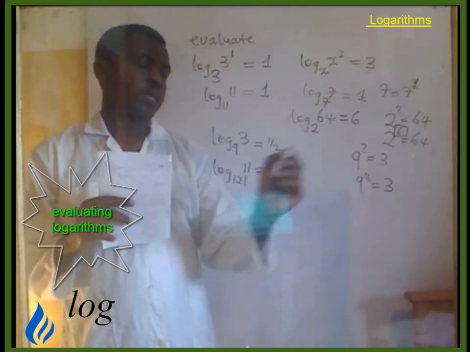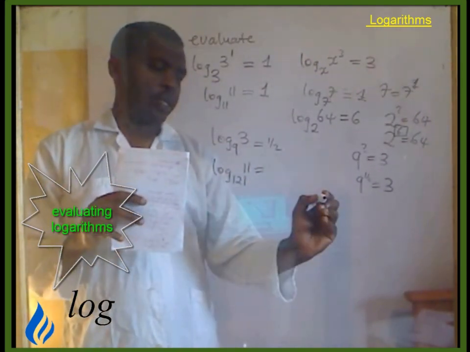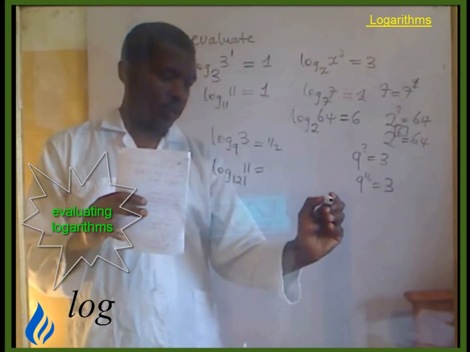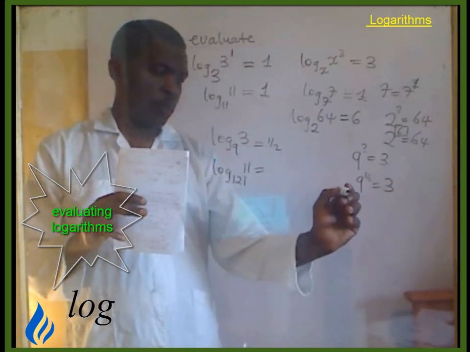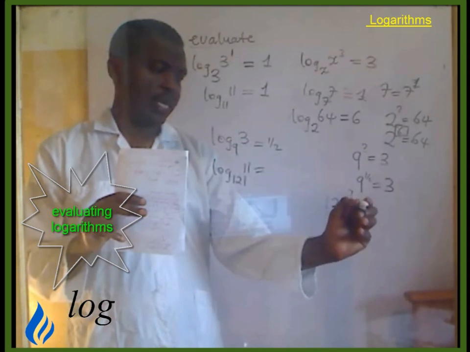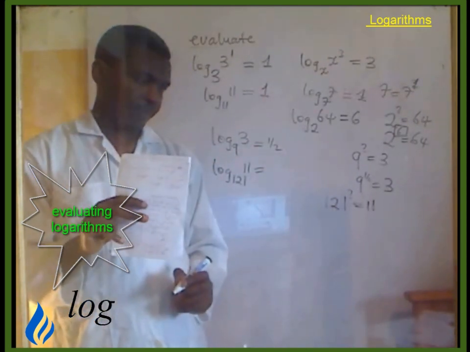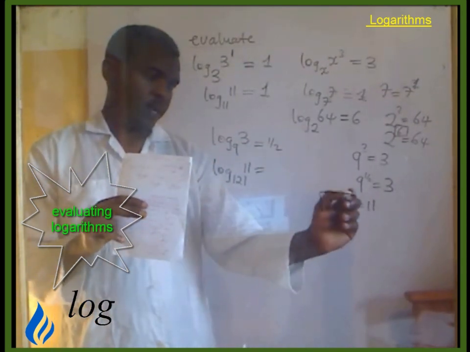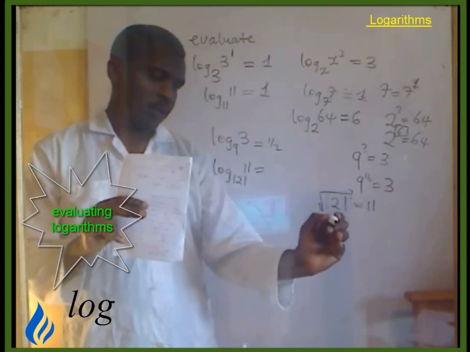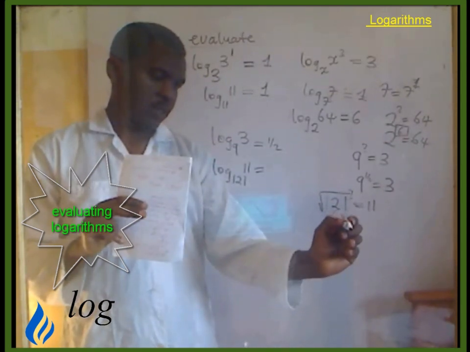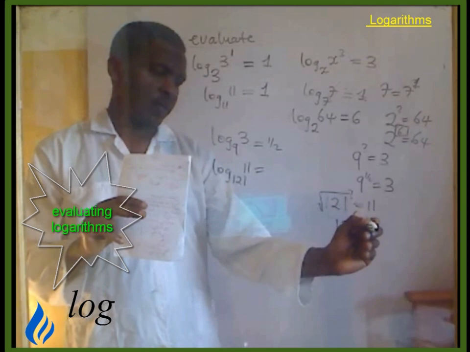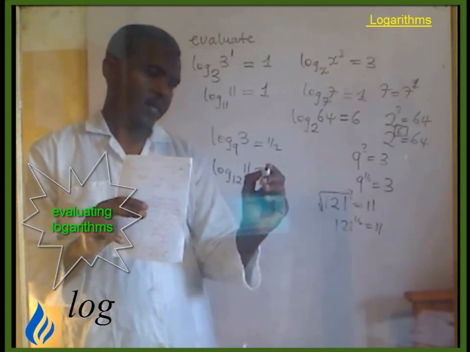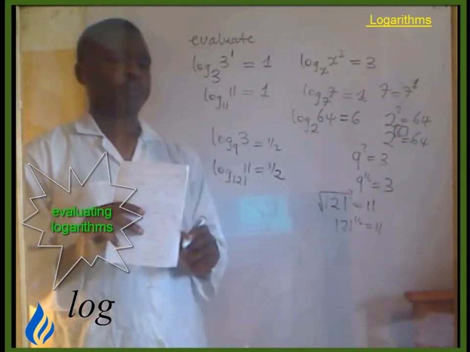So let's look at this in index form. We are saying here, to which power do I raise 121 in order to get 11? We find that if we take the square root of 121, that is 121 raised to the power half, it will give us 11. Our answer there is half.